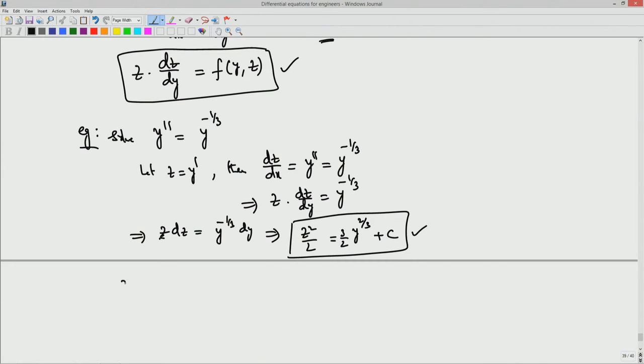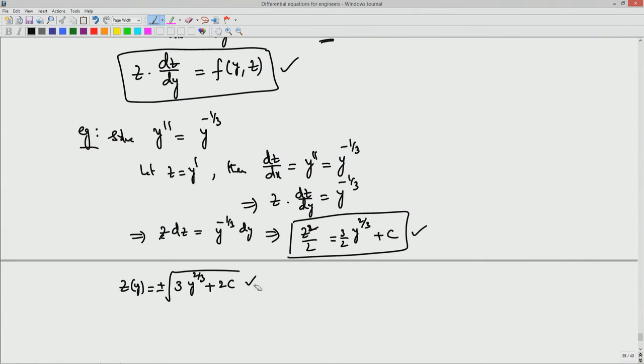So, from this I can get my z of y, which is equal to plus or minus square root of 3 y power 2 by 3 plus 2c. This is my z. z square is this, so you have z is plus or minus square root of this.